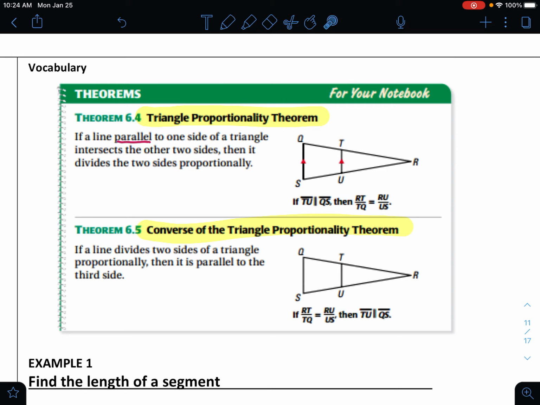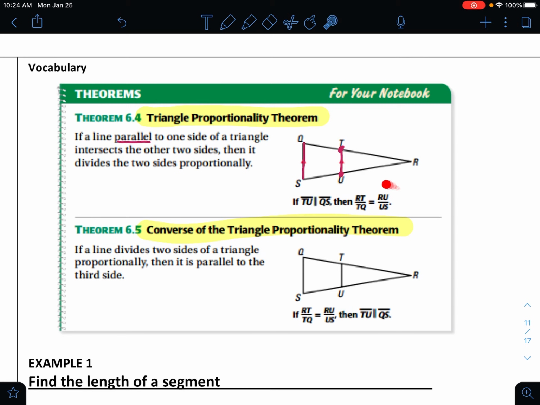So basically what you're looking at here is a set of parallel lines. The language of the theorem says if you have one line parallel to one side of a triangle, then it's going to intersect each side of the triangle and split it proportionally.